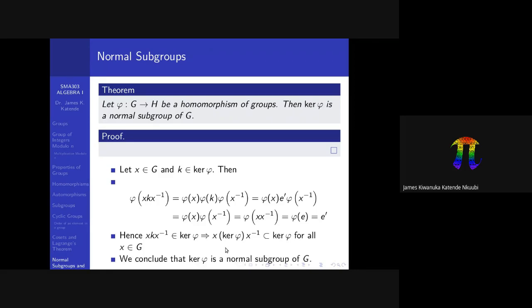Therefore, the conclusion is that the kernel of a homomorphism is a normal subgroup of G. So this is another way of finding normal subgroups. We've seen one way is if you already have two normal subgroups, you can obtain the intersection of the two subgroups and you will get another normal subgroup. If you have a homomorphism, you can find a normal subgroup of G by simply getting the kernel of the homomorphism.